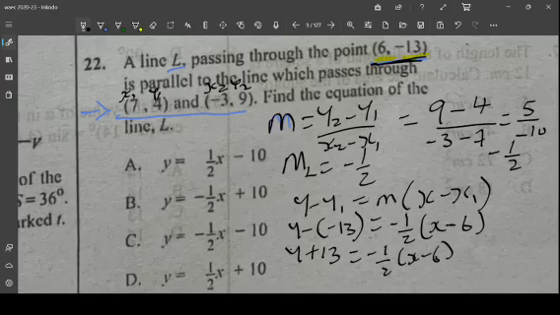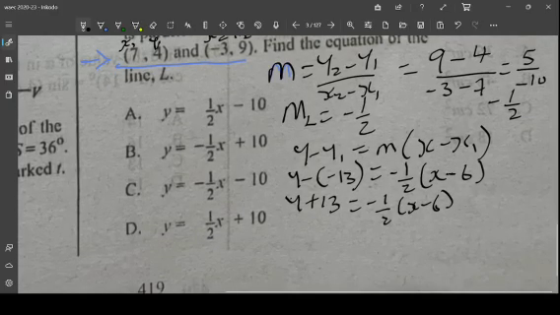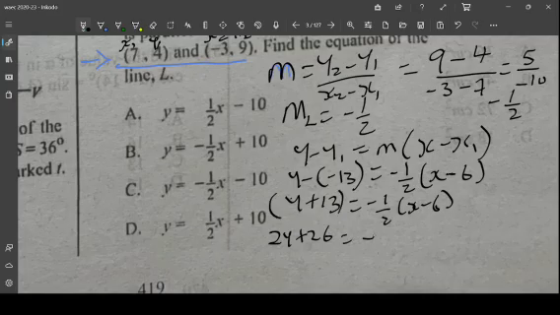So I can decide to multiply both sides by 2 to take care of this fraction. So I'm going to have 2y plus 26, because I'm multiplying everything here by 2, is equal to minus 1 into x minus 6.